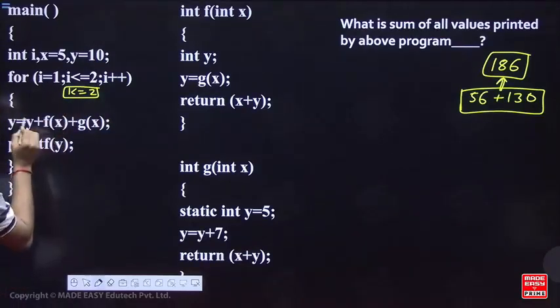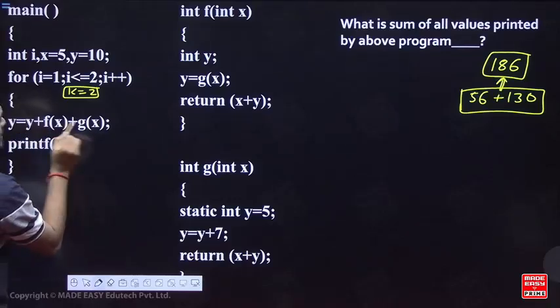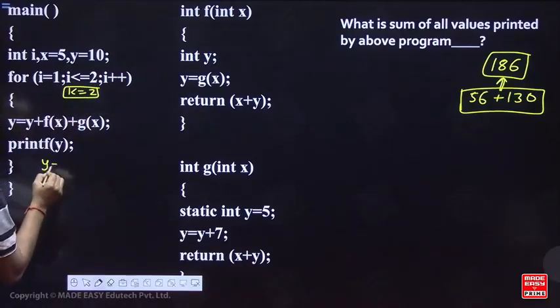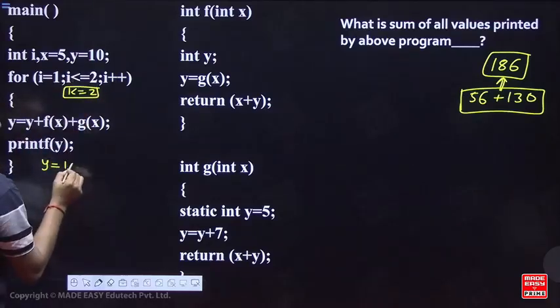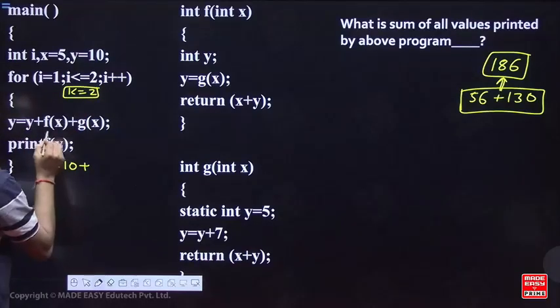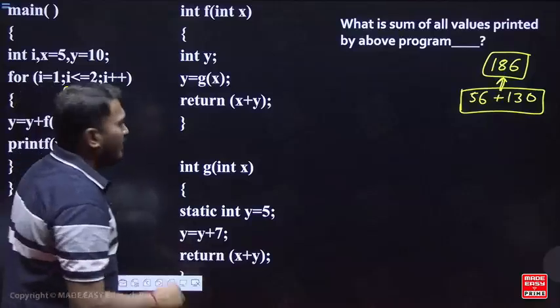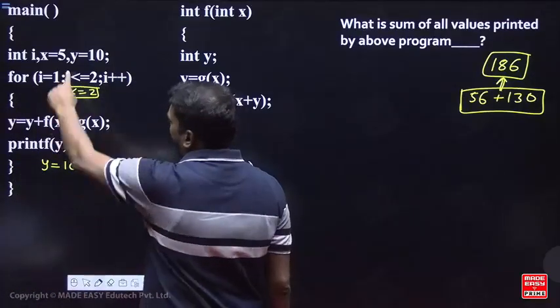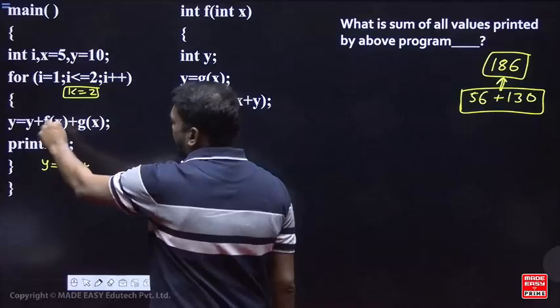If you go inside, you are saying y equal to y plus f of x plus g of x. What is the y value? 10, plus f of x. You find out the value of f of x. Now tell me, what is the x value you are passing here? 5. You are passing 5 here.